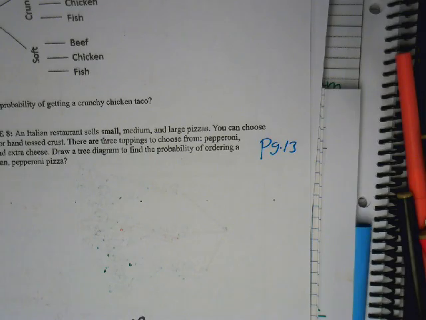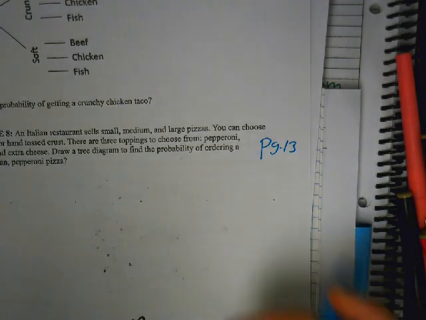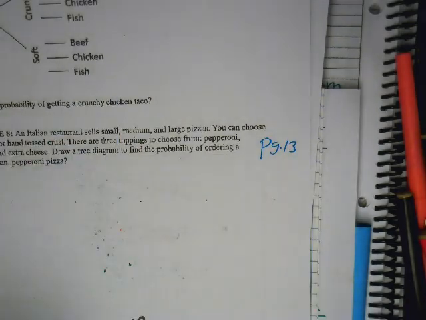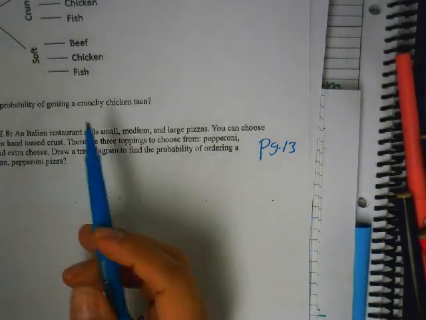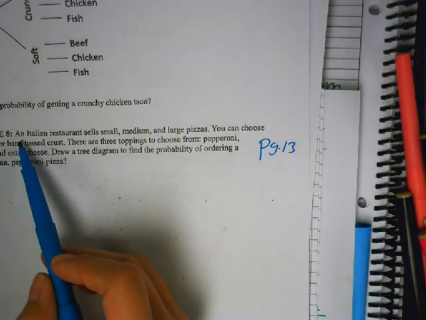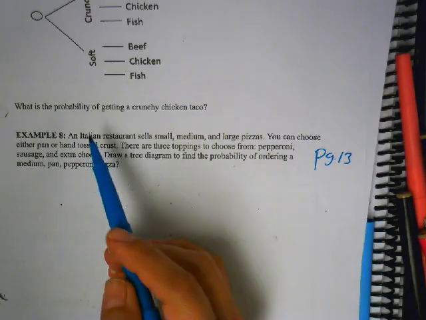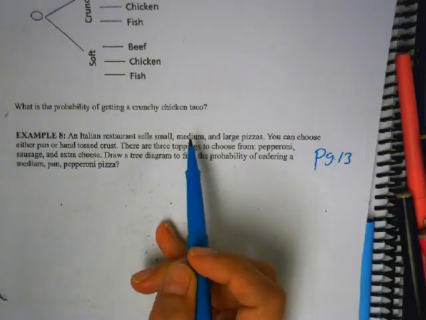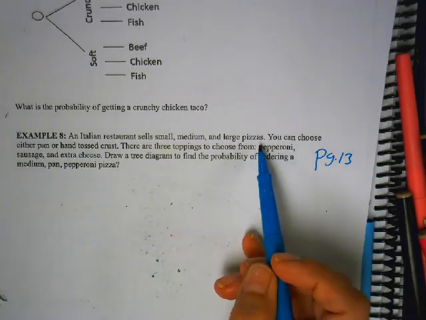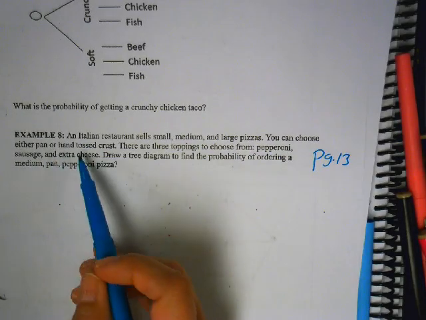Okay, we ready? Are we all there? Yeah. Okay. So, we're focusing on this, not the iPad. Okay. Dr. Hahn. Example 8. We're going to go from the bottom up. An Italian restaurant sells small, medium, and large pizzas. You can choose either pan or hand-tossed.